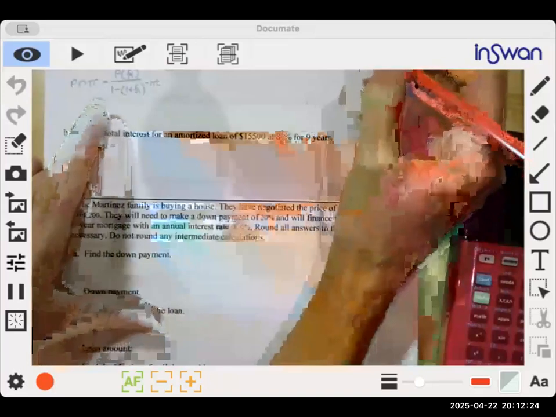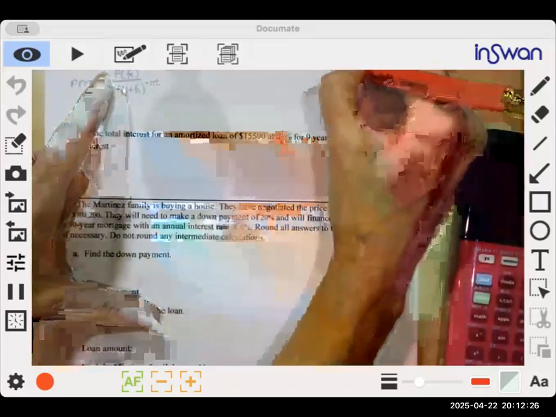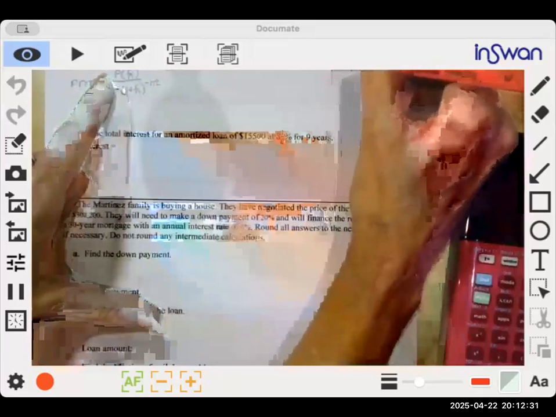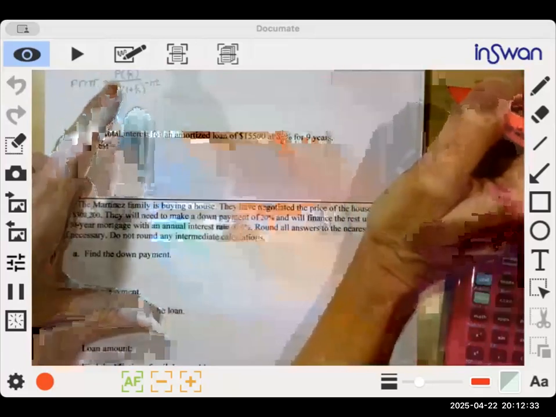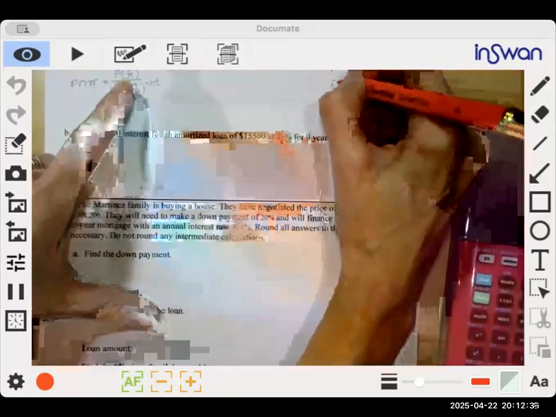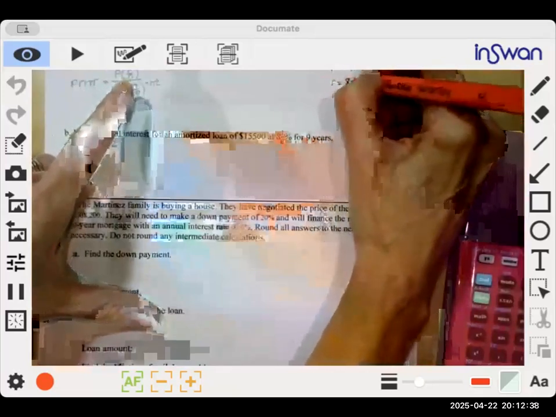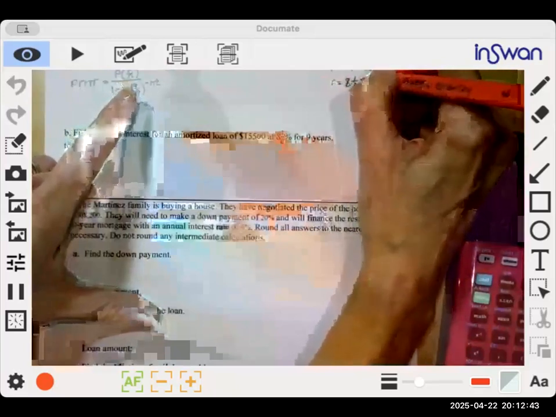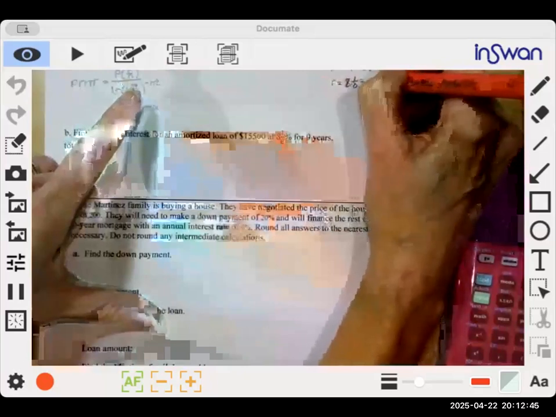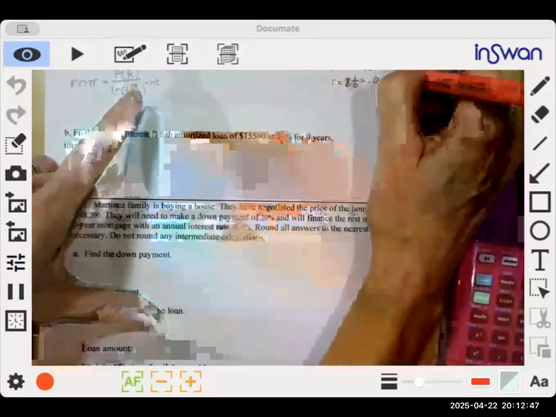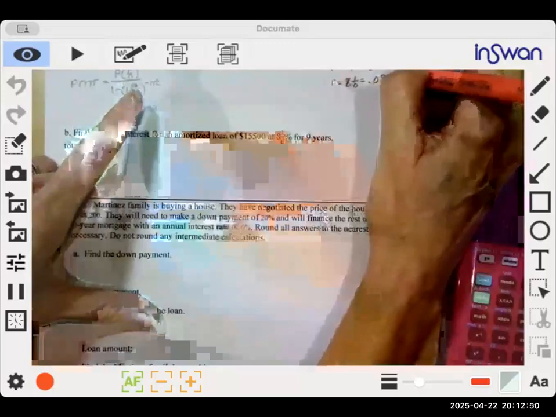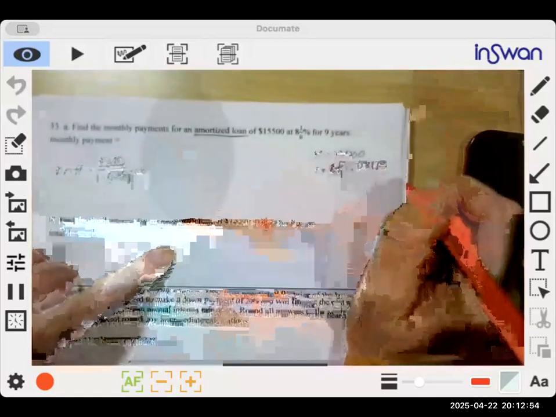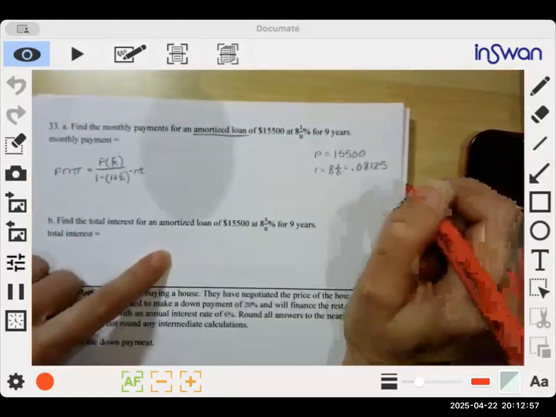All right, so our principal is 15,500. Our rate is 8 1/8%, which is just very tedious, so 8.125. Professor, will you please move the paper down a little bit? Yeah, thank you, sorry about that.